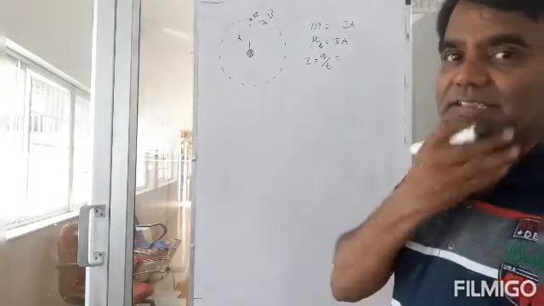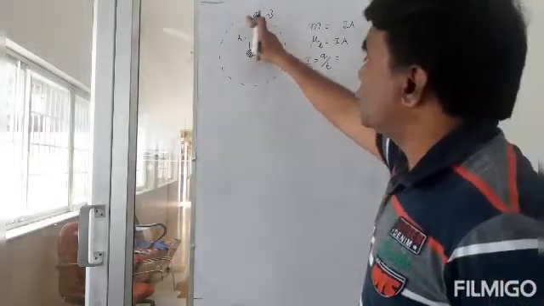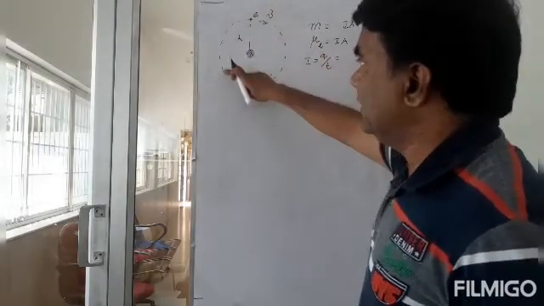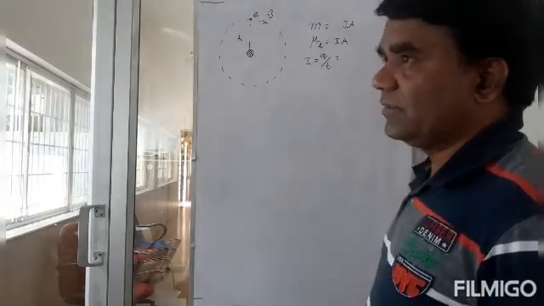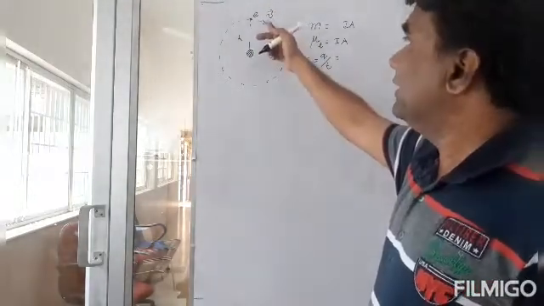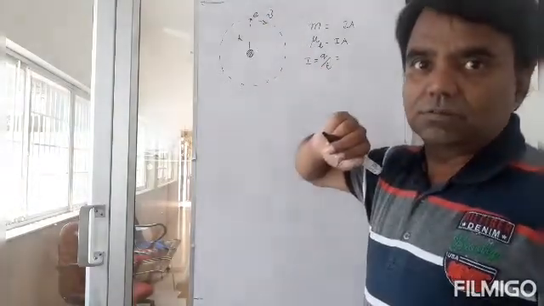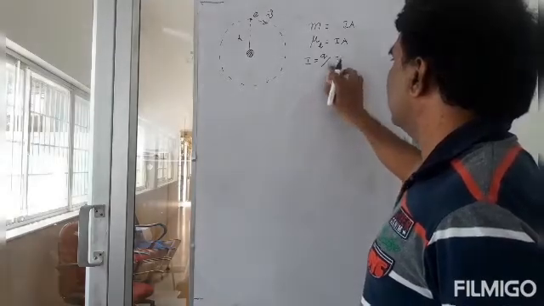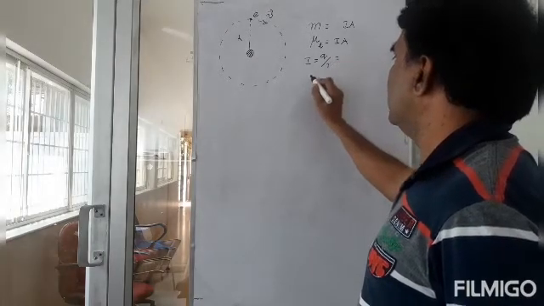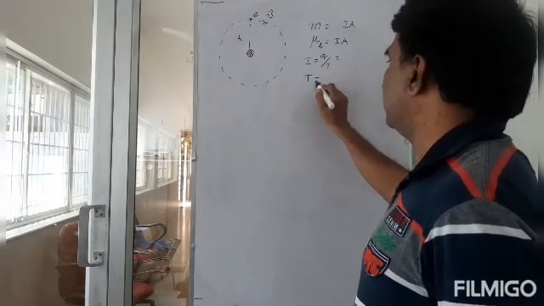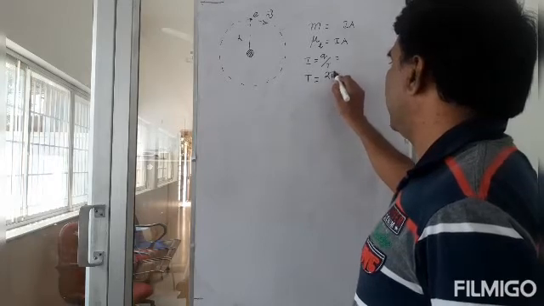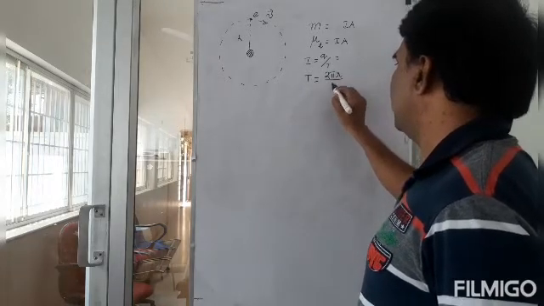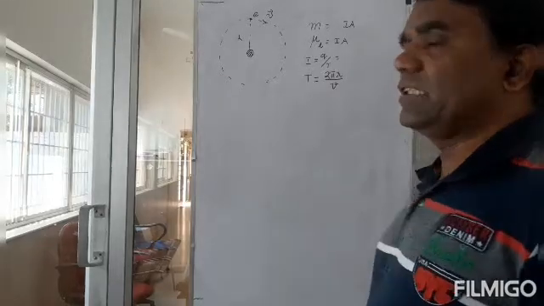Then how do we find the time? Well, 2 pi r is the distance it travels, and v is the speed with which it travels. So the time, capital T, is simply 2 pi r divided by the speed.